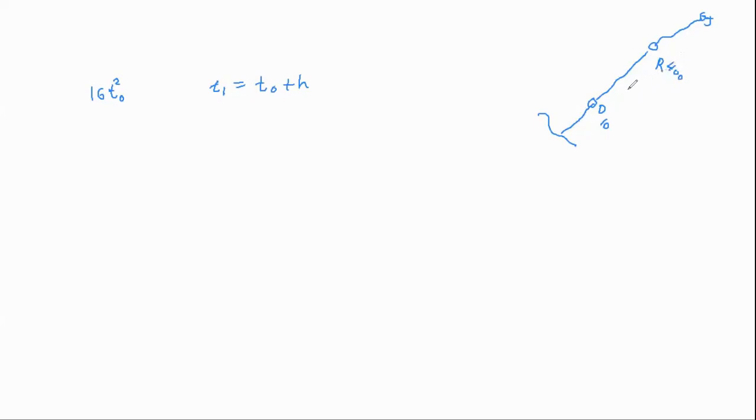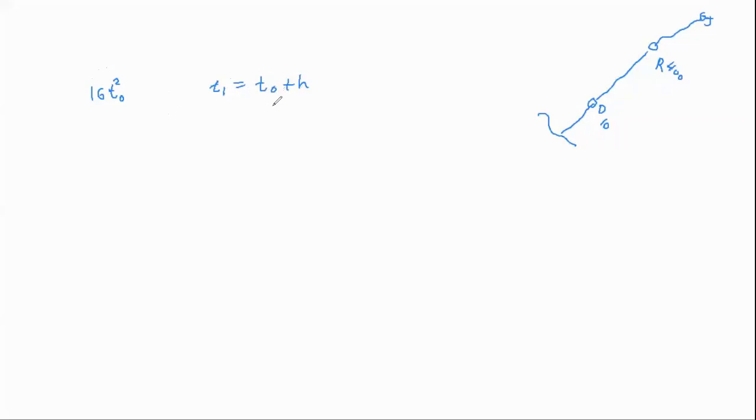So we assume that we have an object that is free falling. Its distance is given by 16 times t squared. So we said we want to subtract the distance at time t0 from the distance at time t1. If we do so, then time t1 equals t0 plus h, correct?